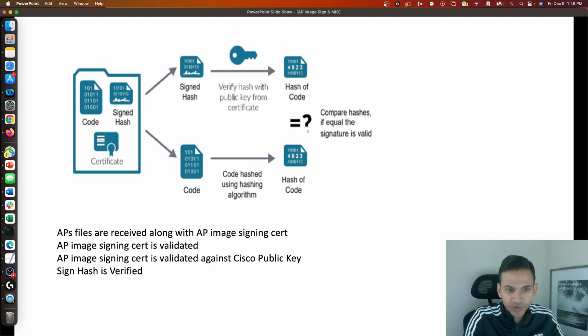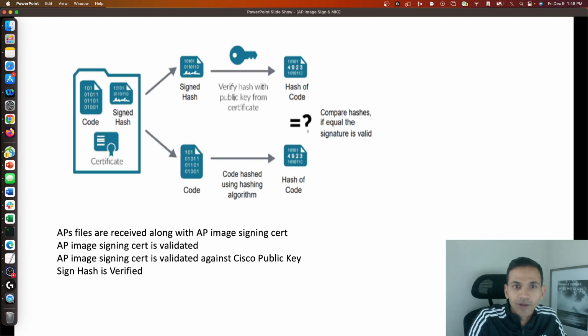The AP receives the files, and that AP image signing certificate is validated against the Cisco public key. The code that it receives has the hash algorithm and the hash of the code, and it verifies it against the hash decrypted using the Cisco public key.